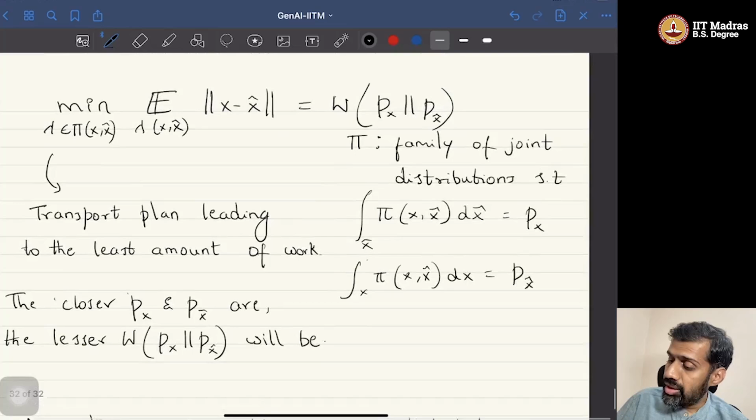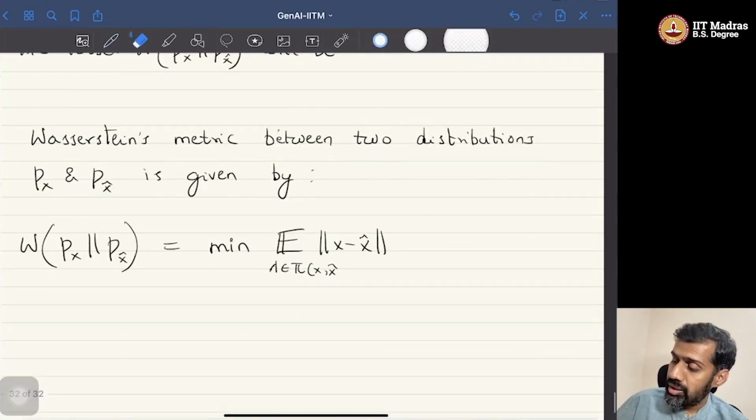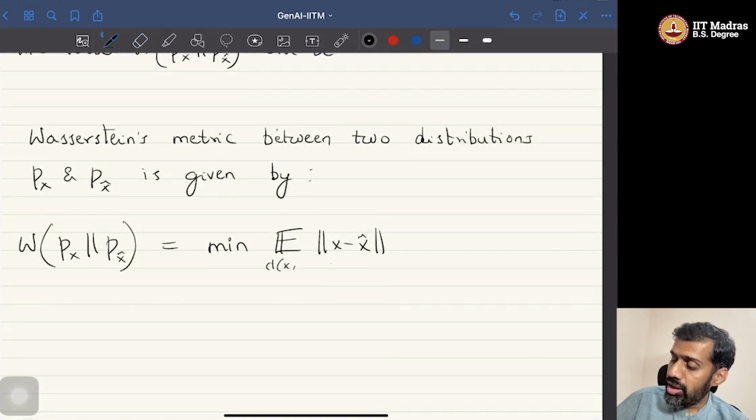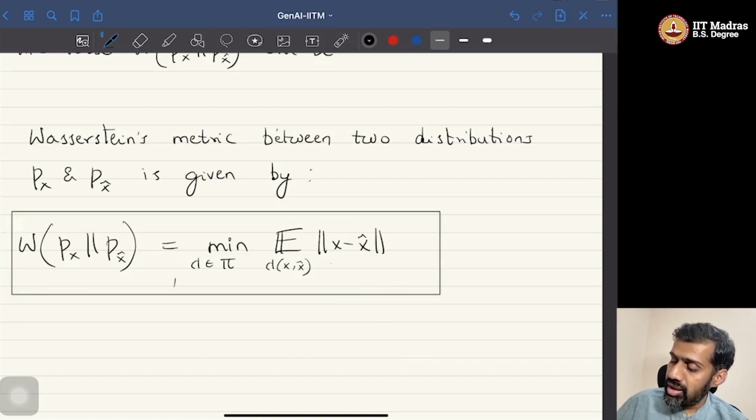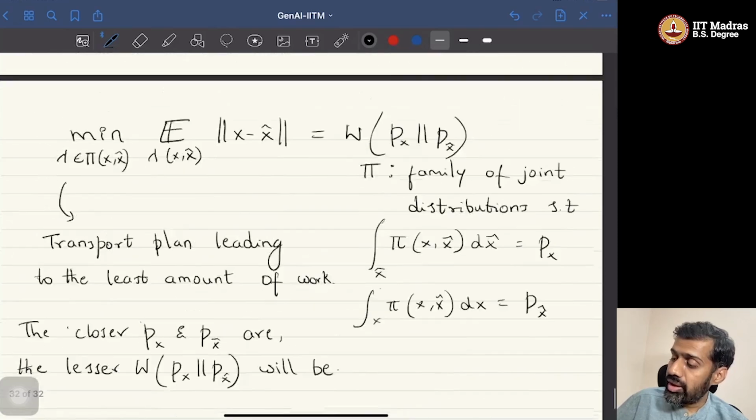lambda of x comma x cap. The expectation is over a joint distribution which is a transport plan, and the minima is over all lambdas belonging to the family of joint distributions such that the joint distribution pi that we are operating with has these properties.